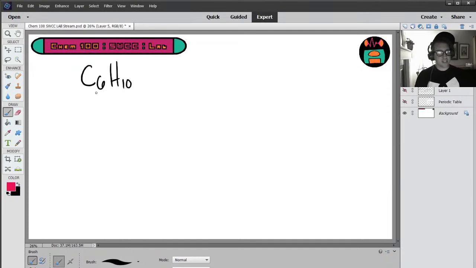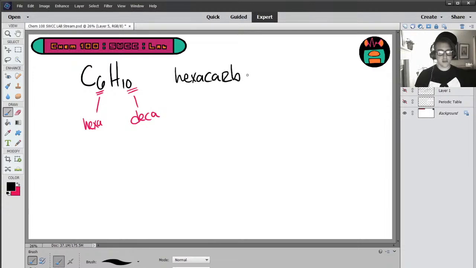The prefix for 6 is hexa, and the prefix for 10 is deca. So the name of this compound would be hexacarbon decahydride.